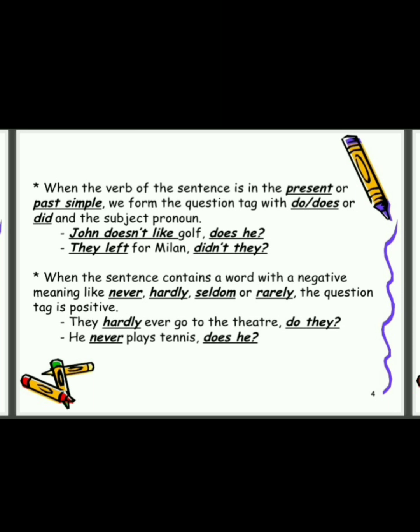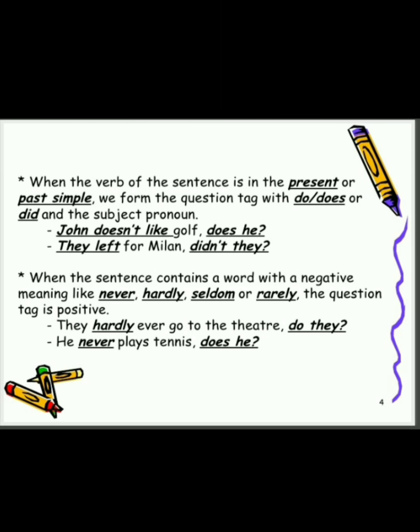When the verb of the sentence is in the present or past simple form, we form the question tag with do, does, or did and the subject pronoun. Look at the example. John doesn't like golf. Does he? They left for Milan. Didn't they? See, when the verb of the sentence is in the present tense, doesn't like is present tense.